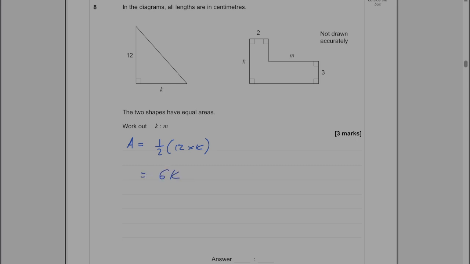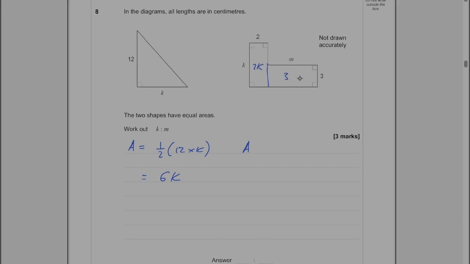Right, and if we talk about the area of the second one, the area of the second one is going to be 2K there, and then 3M there. So we're looking at 2K plus 3M.